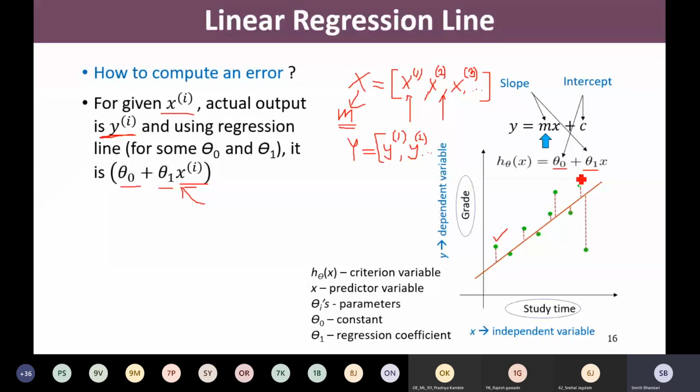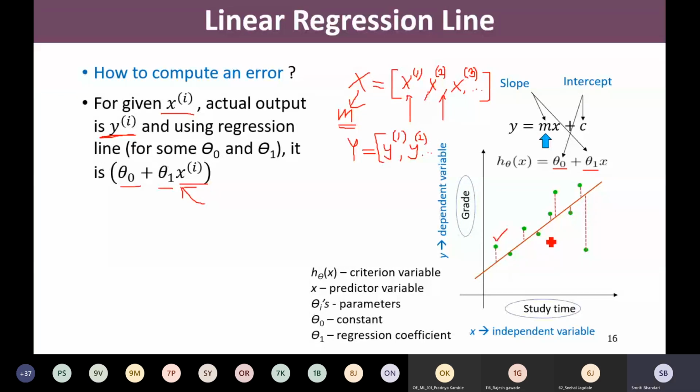See, what we are having is a training data set. In my training data set, we are having m number of samples. So this small m denotes the number of samples. Say for example, in this particular example, this individual data point denotes one student, or the data related to one student. So what is the study time of the student, and accordingly what is the grade of the student. Correct?